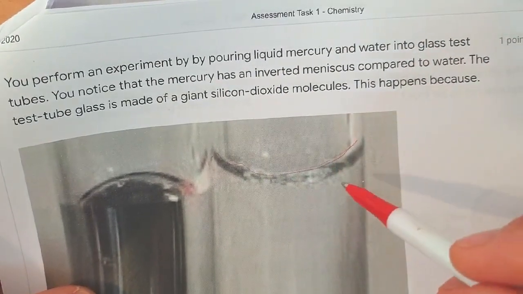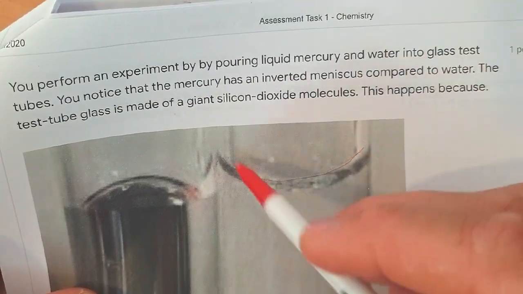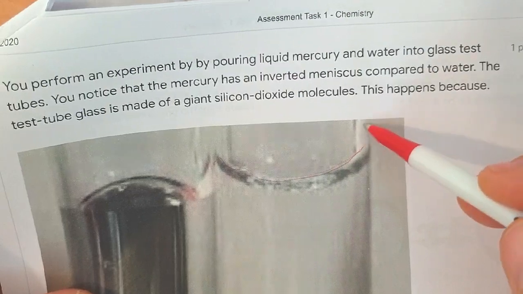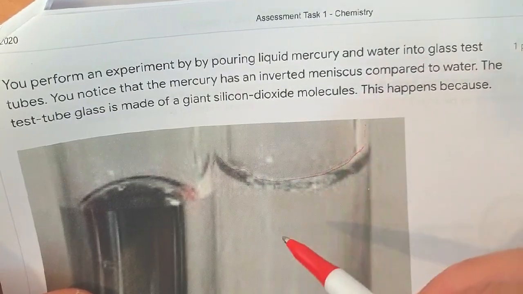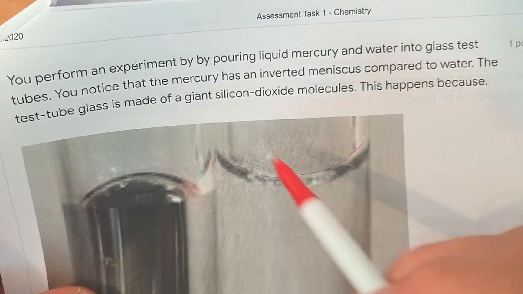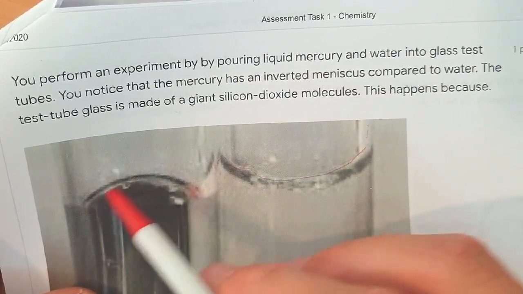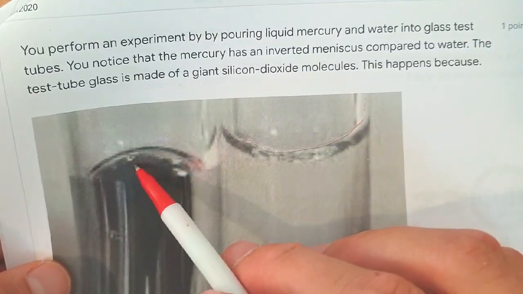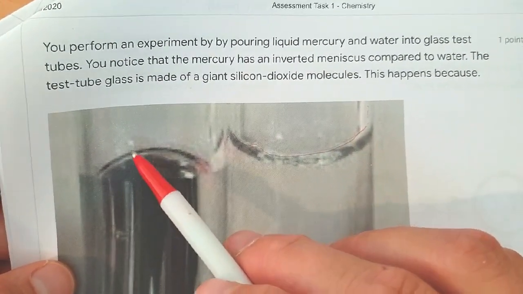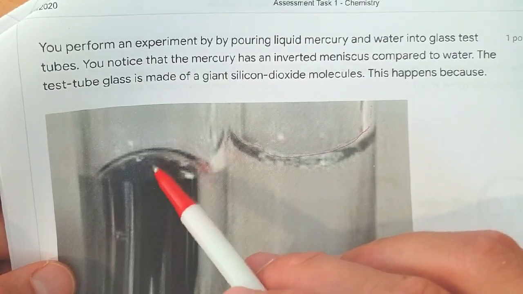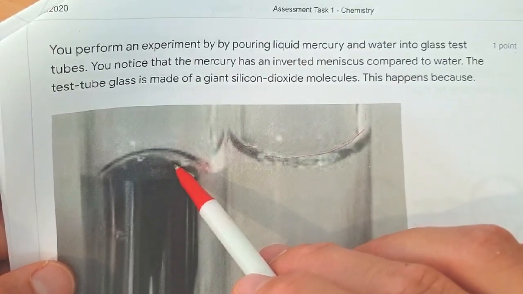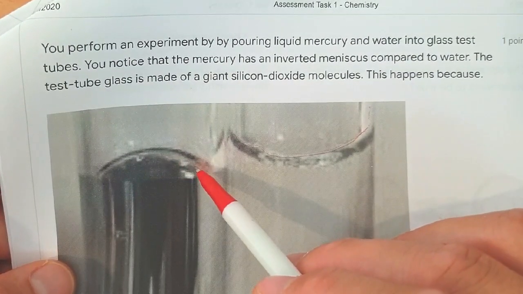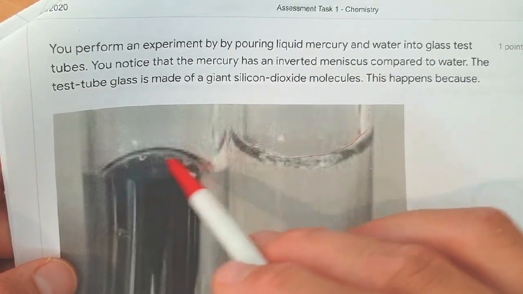Well, for water, the silicon dioxide in the glass allows hydrogen bonds to form between the water and the silicon, so it sticks to it, whereas that's not present between the metal and the glass. The other factor is that metallic bonds themselves are very strong, much stronger than hydrogen bonds, so that is going to have a much stronger surface tension, causing that.